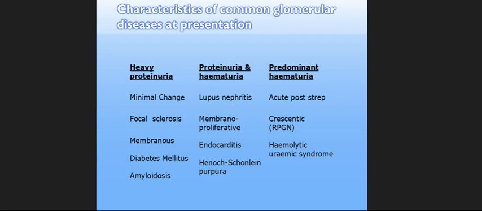I told you nowadays they have changed the name from post-streptococcal GN to post-infectious, because they have found that other pathogens can cause this entity by autoimmune diseases as a consequence. Let's look at the infectious causes.